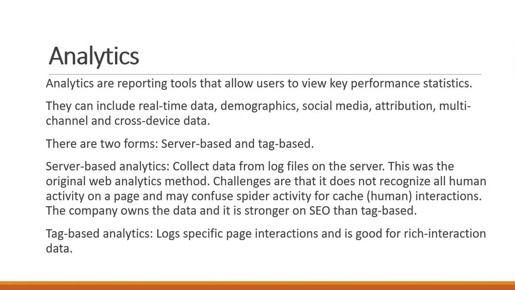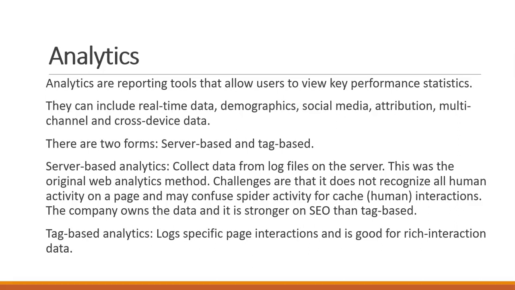The challenge with server-based analytics is that it doesn't recognize all human activity on a page. If a human visits a page, the server logs it as a hit on the page, but it doesn't log if they bounce off of it or if they downloaded something, so it doesn't give you the most precise data.